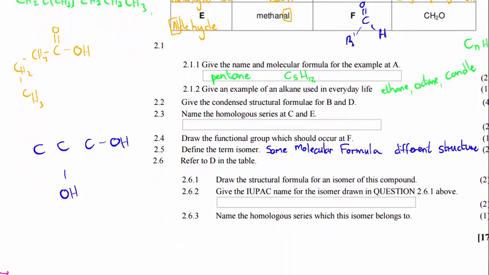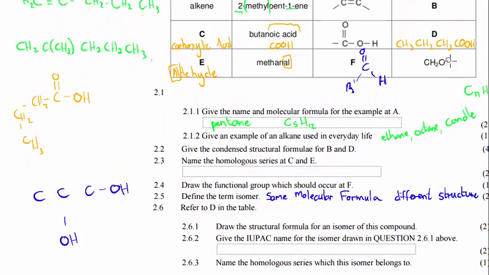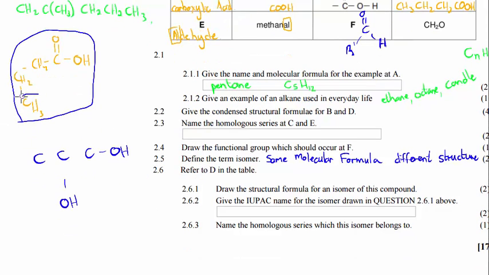Let's just draw butanoic acid to begin with. We already did, isn't it? Now for an isomer. Okay, all I need to do is break up anything at the end and plug it in somewhere else. That's what I did here. I just broke it off here and plugged it in there.